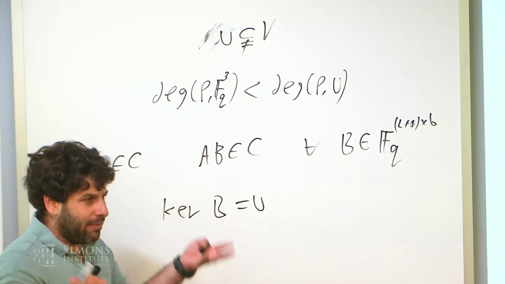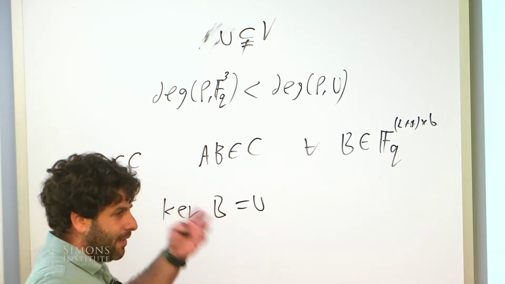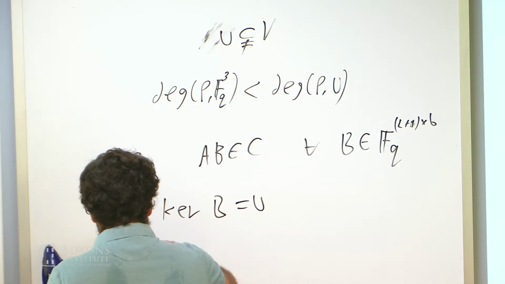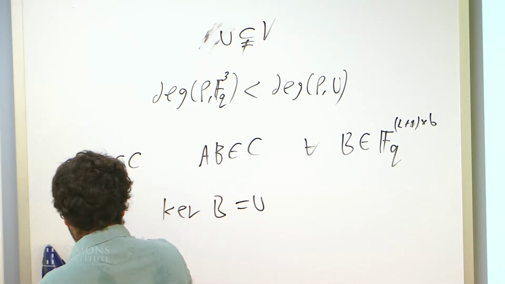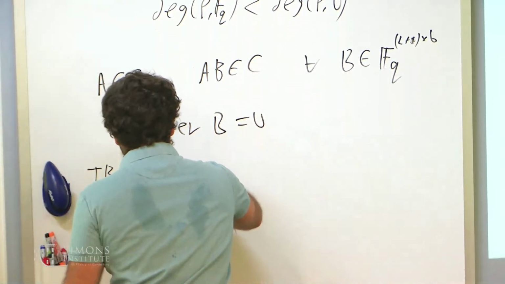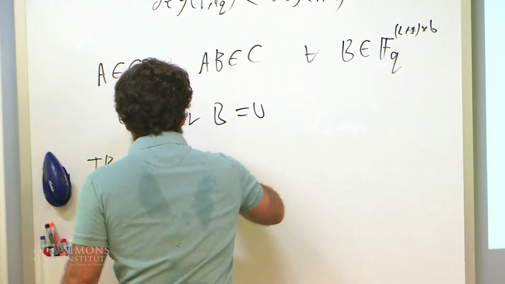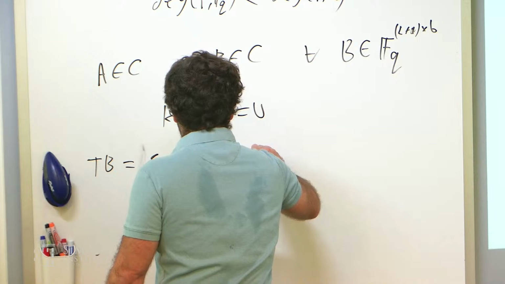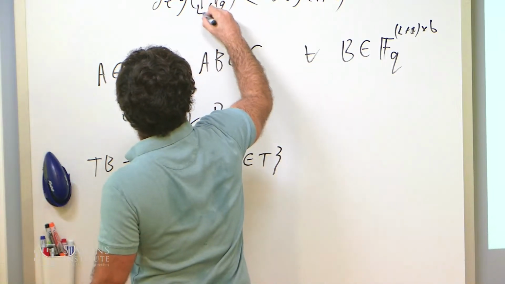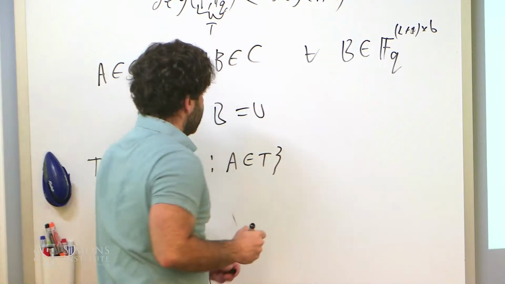So we have the set of all the matrices of the form AB. Consider this new space, let's call it TB. It's going to be the space of all the matrices AB, where A belongs to T, where T is like this type.